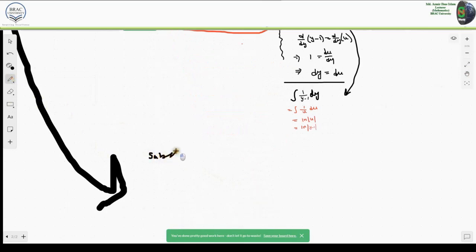So I am going to write that, substituting, ignore my handwriting, substituting I1 and I2 in equation 1. So what we will get? In equation 1 you have I1 equal to I2 plus c.